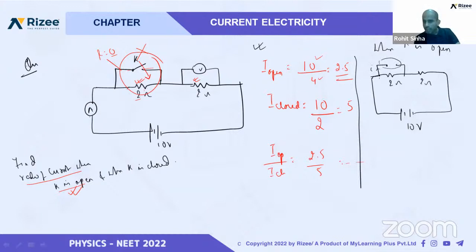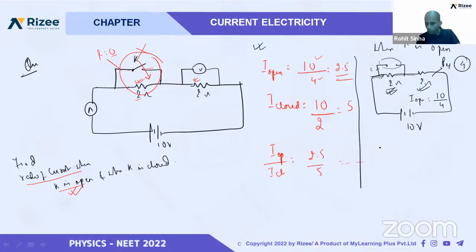Current will flow through this path. So 2 ohm will be effective and this will also be effective. So for this case, R equivalent will be 4, series addition of both of them. That means I open will be total voltage by total resistance.